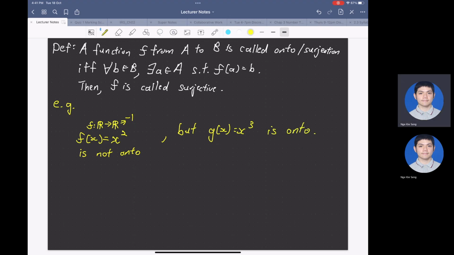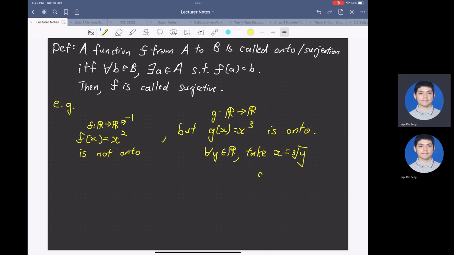Okay. But x cubed is onto. So for every number y in R, out of my domain, you can take x equal to the cube root of y.